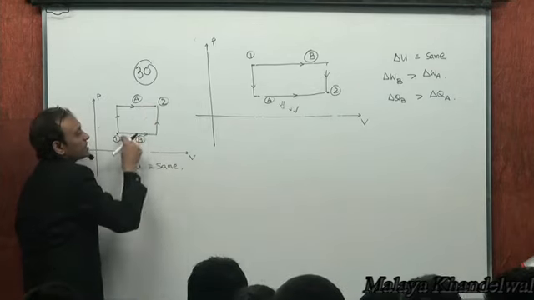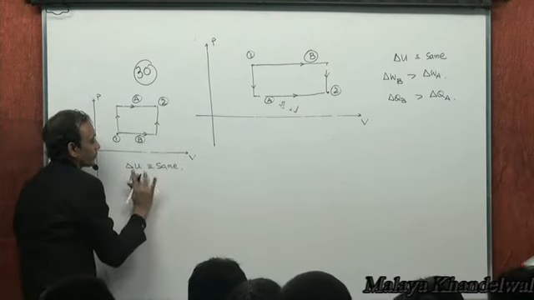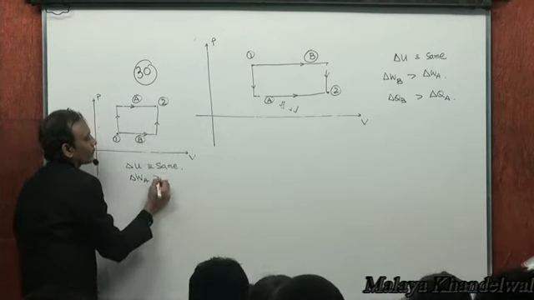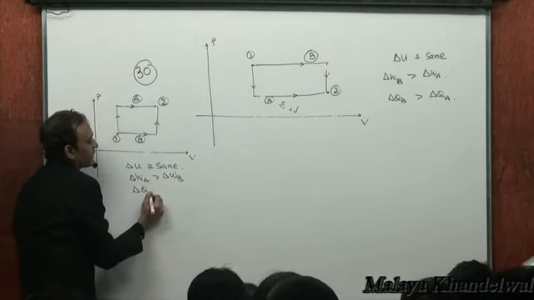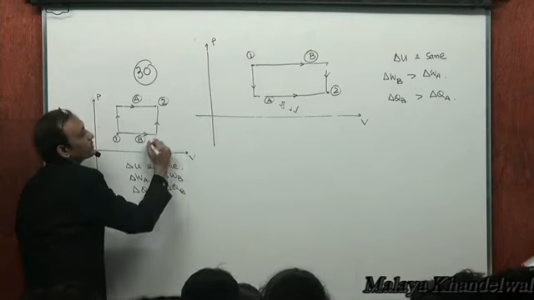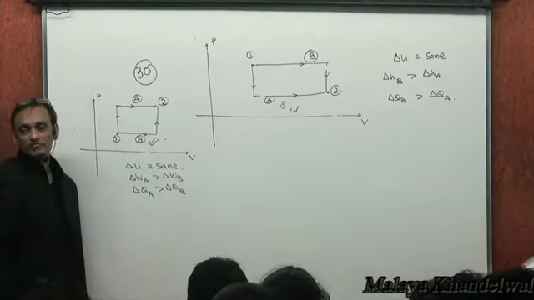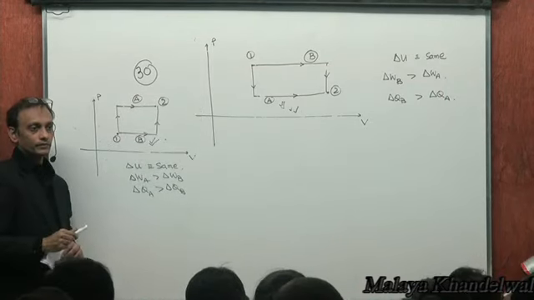In A, work done is more than that in B. Therefore, the heat requirement for A should be more than heat requirement for B, and therefore B should be preferred in this case.